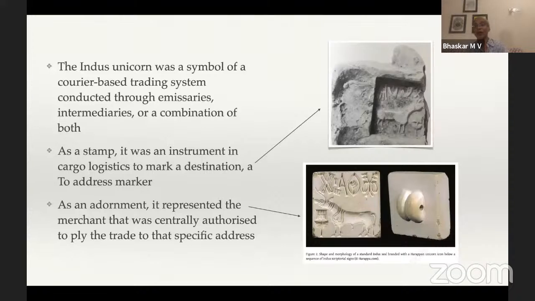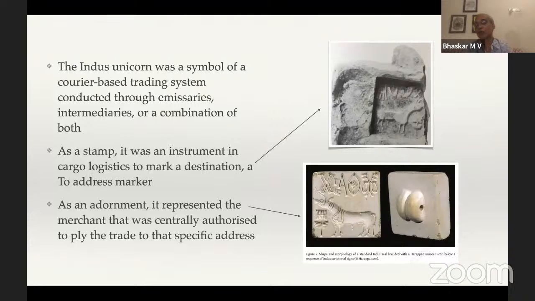So in the distance trade, they needed some kind of a courier-based trading system and a cargo advice for the courier-based trading system. And my hypothesis is that is what the unicorn symbolism represents.